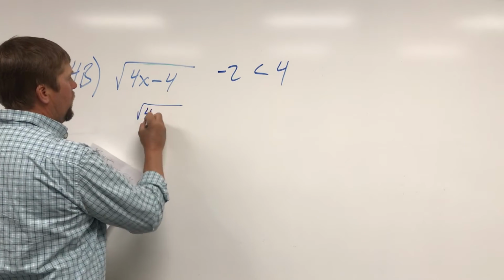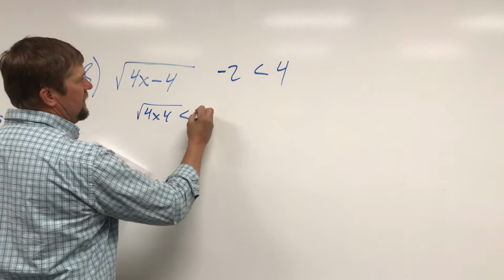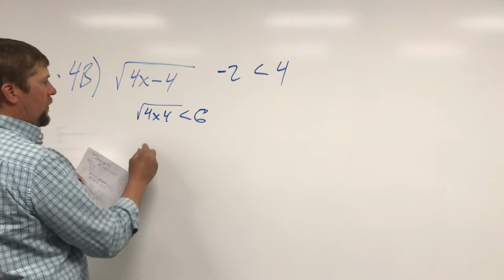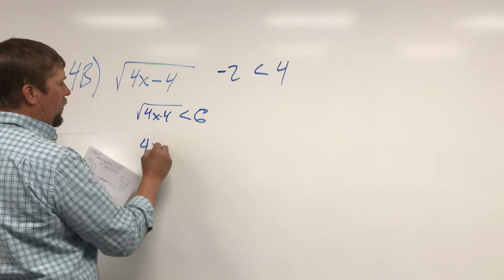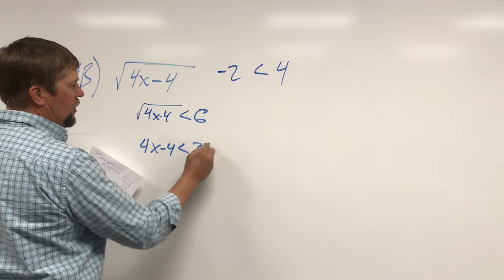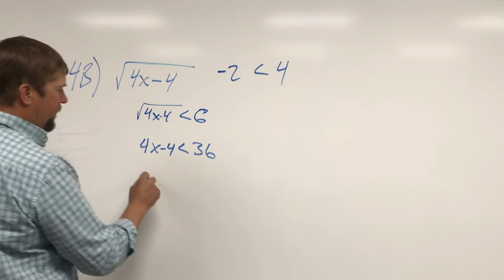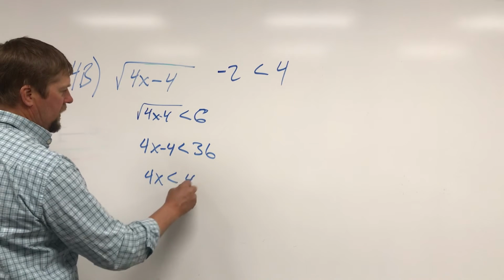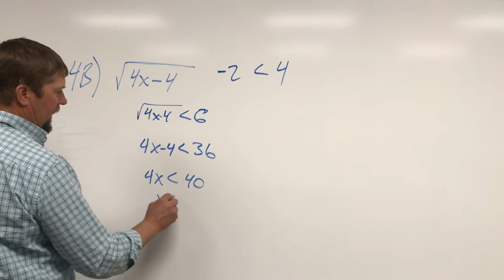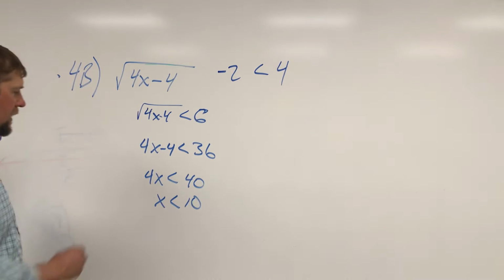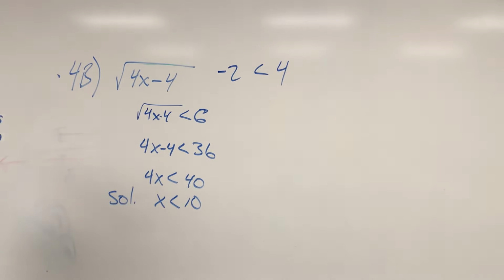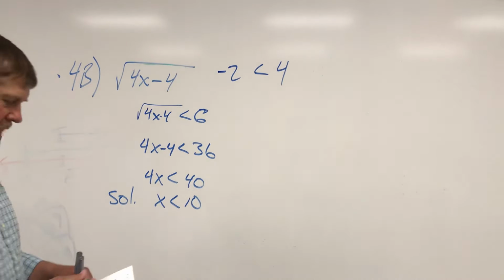So the square root of 4x minus 4 is less than 6. Square both sides, so 4x minus 4 is less than 36. Add 4, 4x is less than 40. Divide by 4, x is less than 10. So these are our solutions, all numbers less than 10.